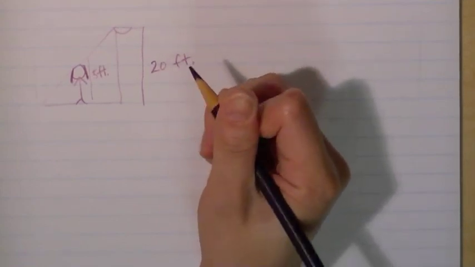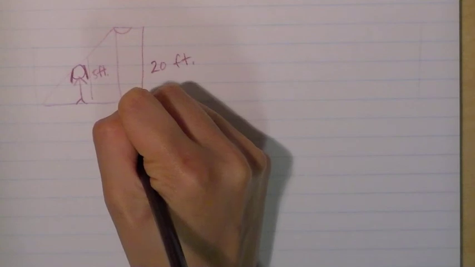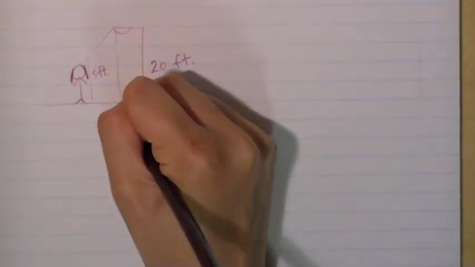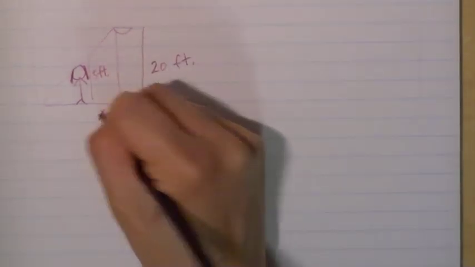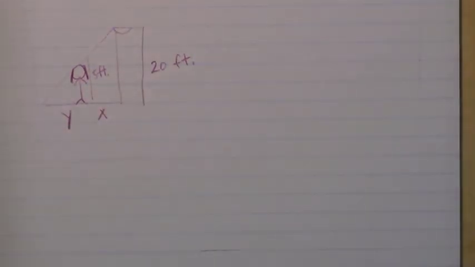And then we're just going to name this distance from the little girl to the lamp as X, and then this distance as Y.